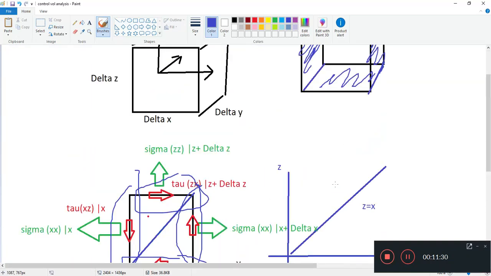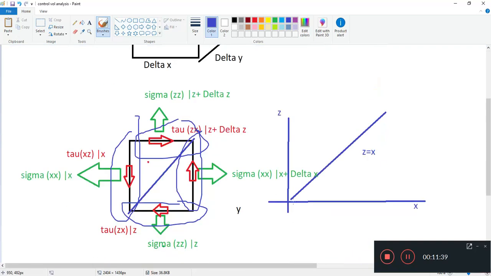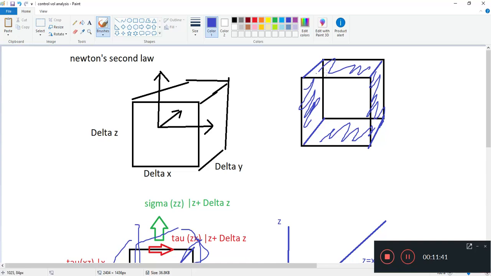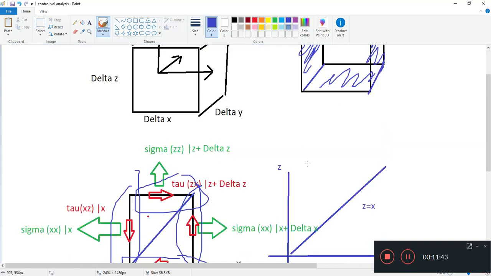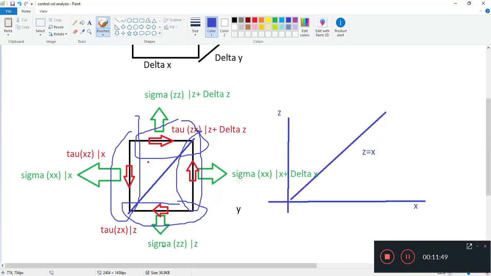Okay. So when we have looked at this square thingy, we have considered these four planes already, and we have talked about the forces acting in the z and the x direction.